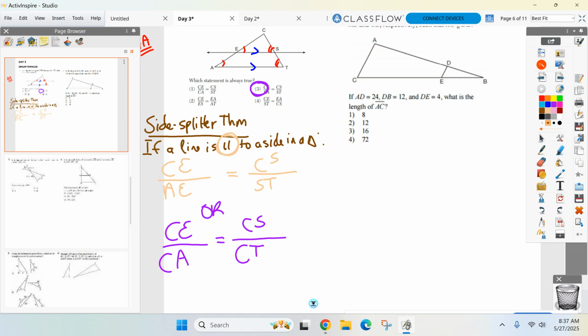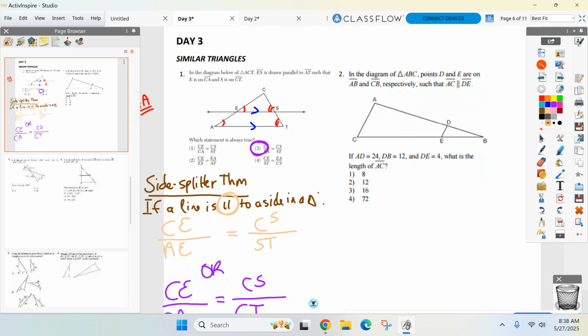All right, this one here. First, these are parallel. Tells me it's a similar triangle problem. Maybe I could use side splitter, maybe not. Let's see what I was given. 24 for AD, DB 12, DE is 4.